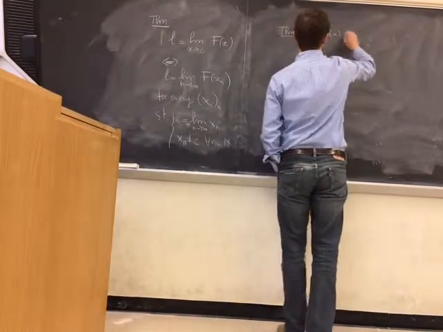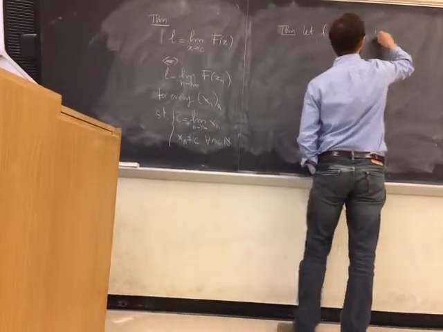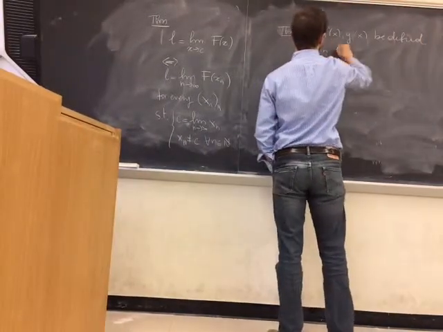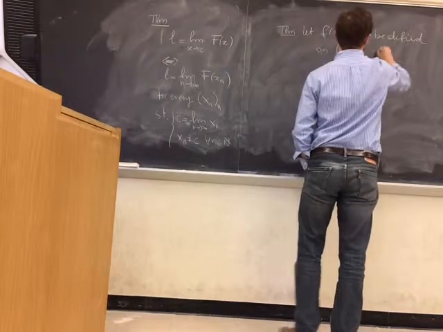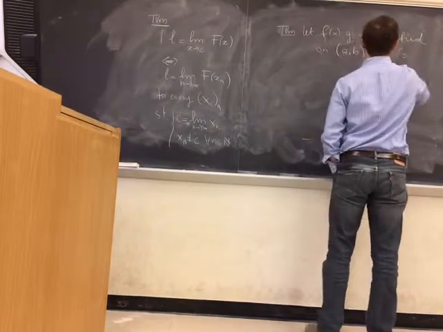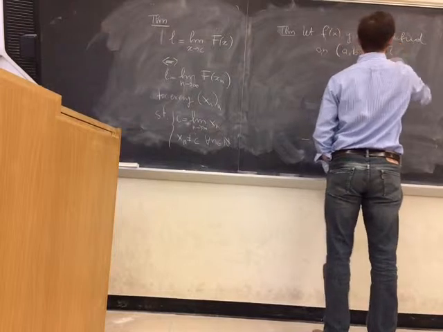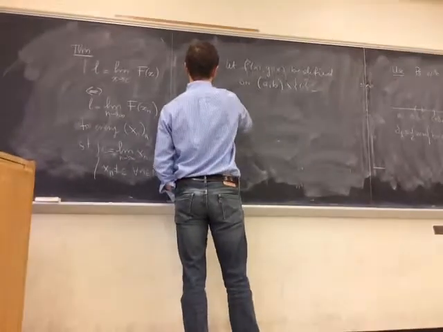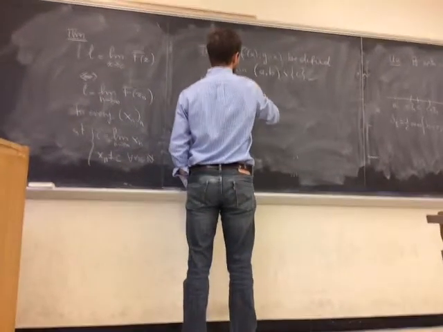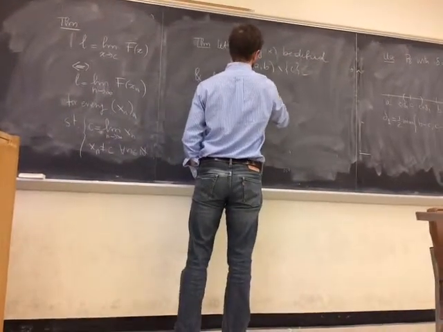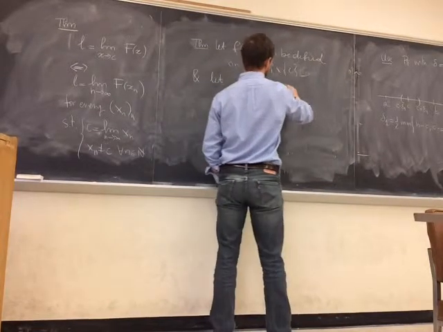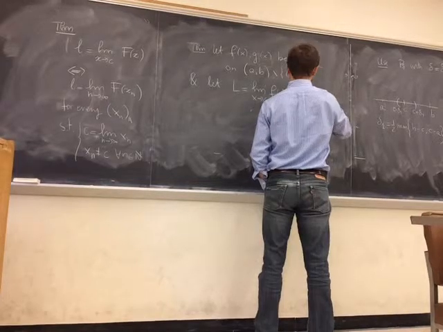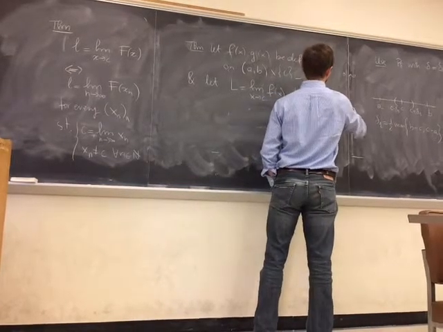Let f of x and g of x be defined on AB and C be a point of AB minus possibly the point C, and let L be the limit as x goes to C of f of x, and m be the limit as x goes to C of g of x.